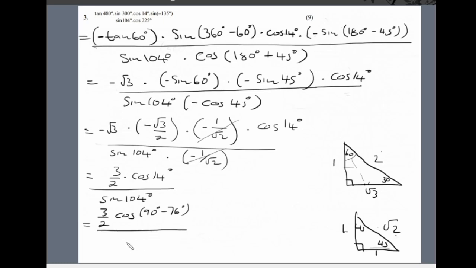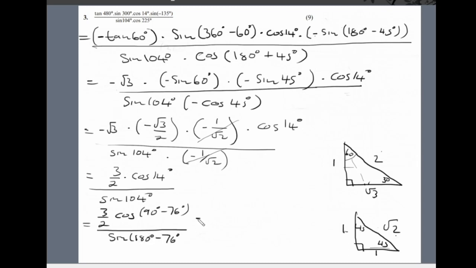And then sine 104, if I say 180 minus 104, it's 76. So I will write sine 104 as sine (180 minus 76).